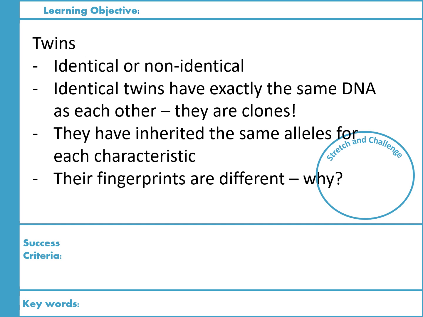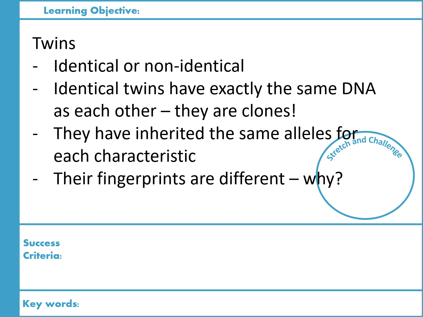I did say we'd come back to the twins question from the beginning of this presentation, and I'm sure that you all know that there can be identical and non-identical twins, and the identical twins do have exactly the same DNA as each other. They are essentially clones, and the reason for that is that they have inherited all of the same alleles from their parents, because the fertilized egg cell has divided in two, so there can be no other alleles in one twin as in the other.